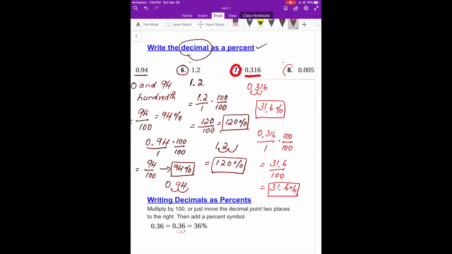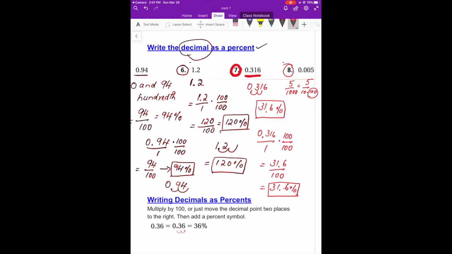Number 8, it is 5 thousandths. 5 thousandths, I need 100 in the denominator. So I can write 5 over 10 times 100. We need this 100 for the percent.